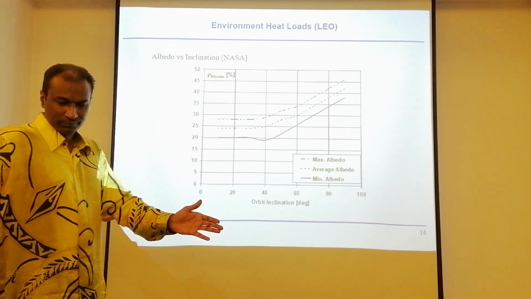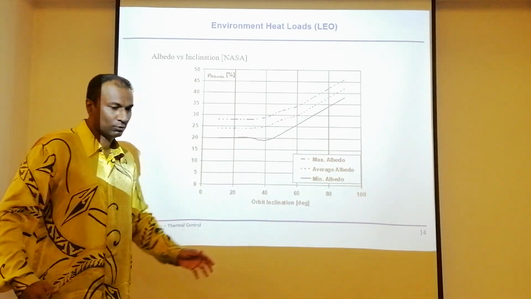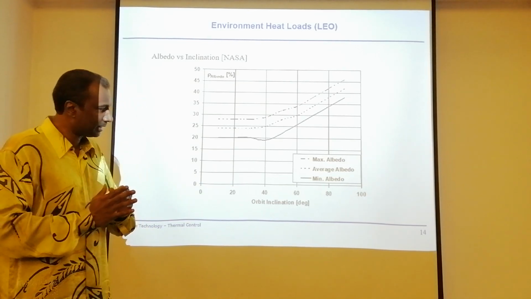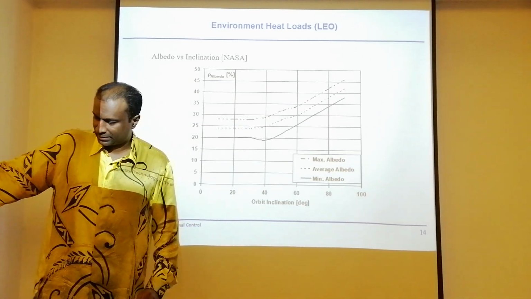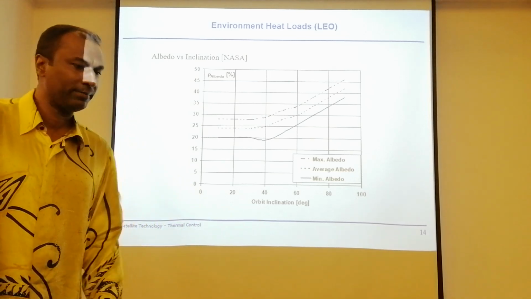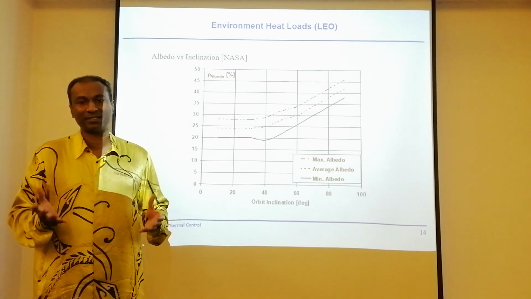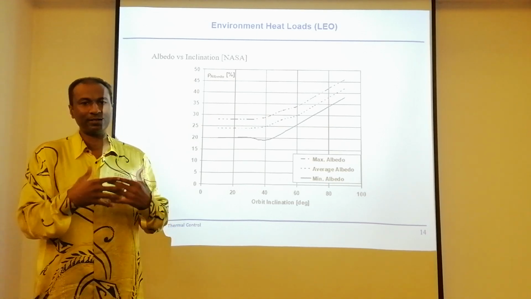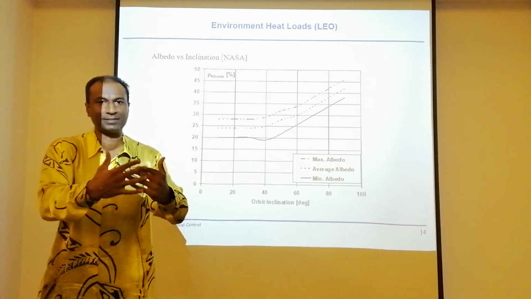But when the sun moves, let's say my orbit inclination moves, that means I'm in a higher or lower orbit. Let's say in a higher orbit, and the sun is shining there. When I'm in a higher orbit, I'm here. I should be able to receive the reflection of the sun, because albedo, the planet Earth, acts like a mirror and reflects the sun.